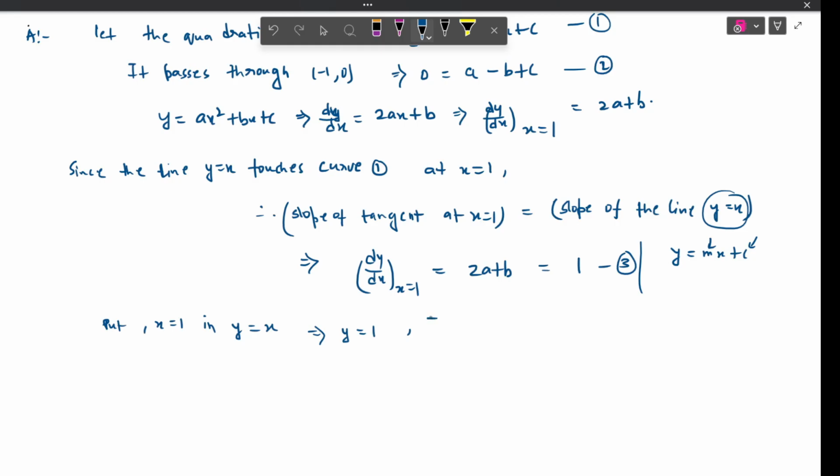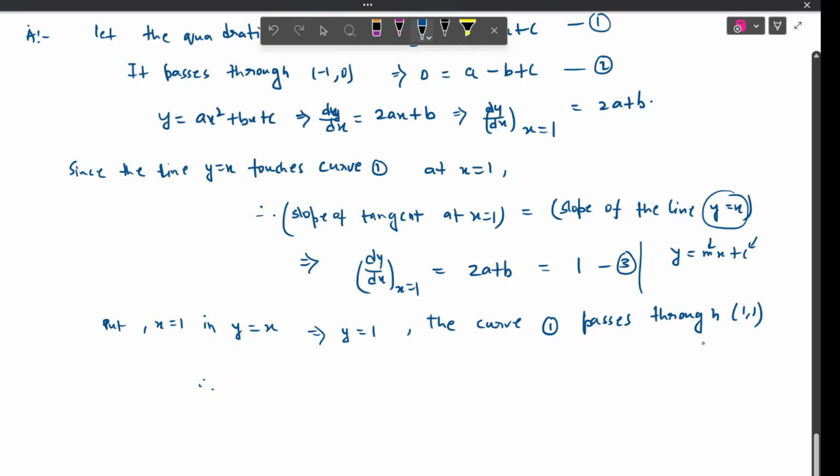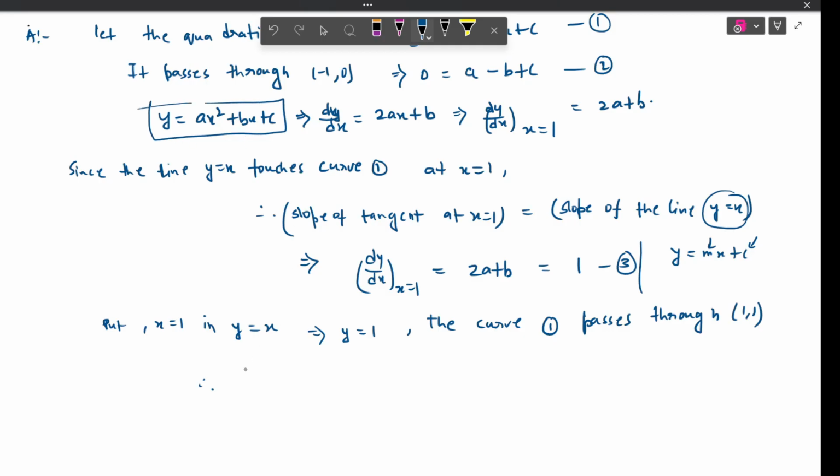So we can say the curve 1 passes through 1 comma 1. Okay, and we know the curve is y equals to ax square plus bx plus c. So if you put 1 and 1 at x and y, it will be 1 equals to a plus b plus c. So let us say this is your fourth equation.